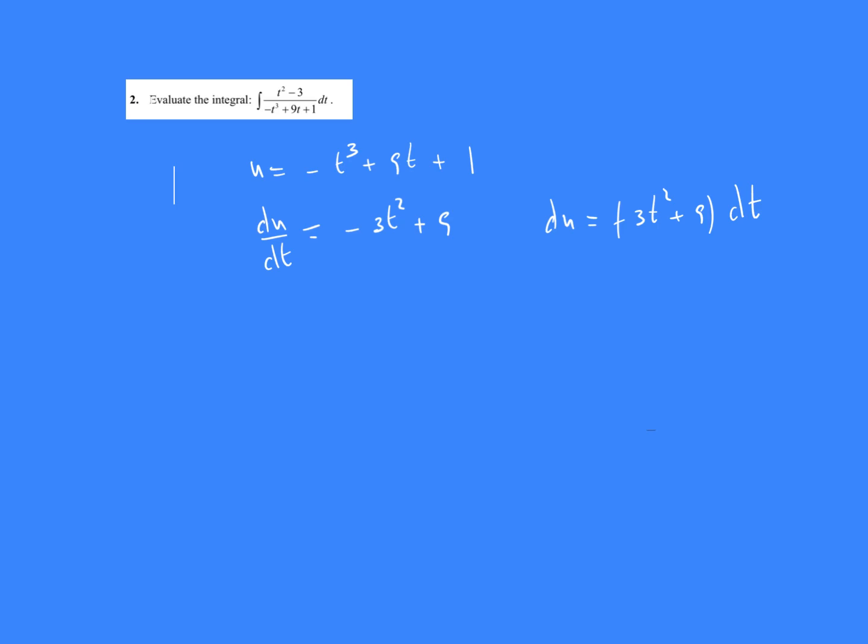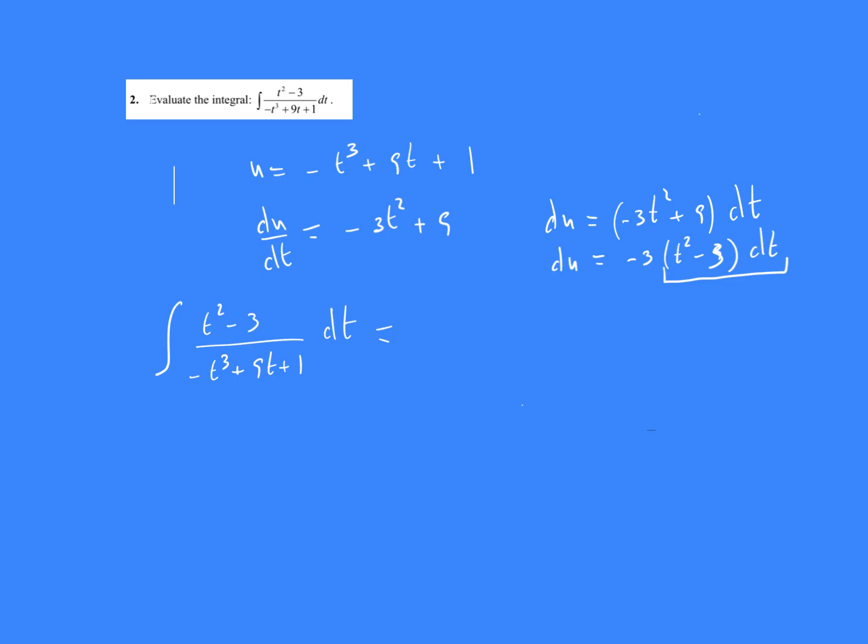And now I have to rewrite the integral in terms of u. The integral of (t squared minus 3) divided by (minus t cubed plus 9t plus 1) dt. Now, if we take common factor minus 3, du will appear like minus 3 multiplied by (t squared minus 3) dt.